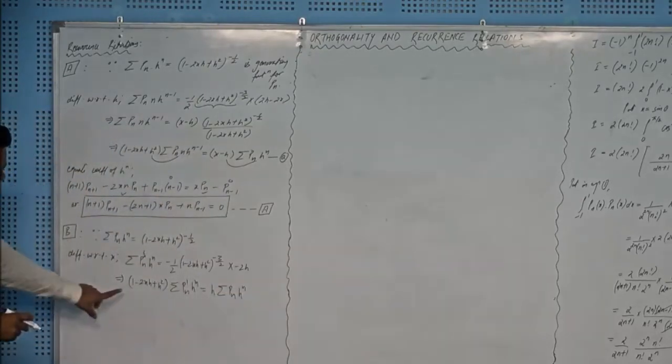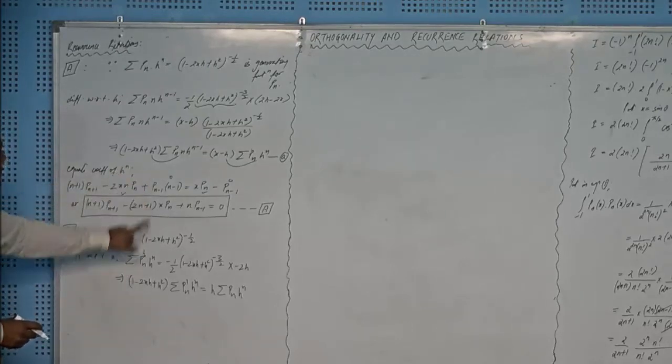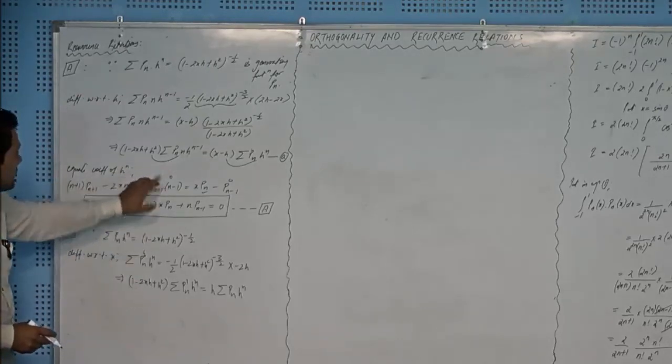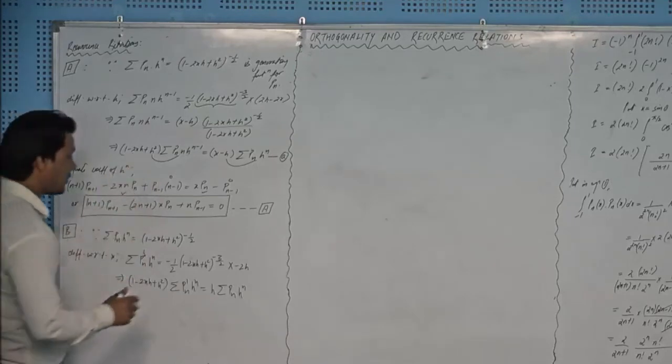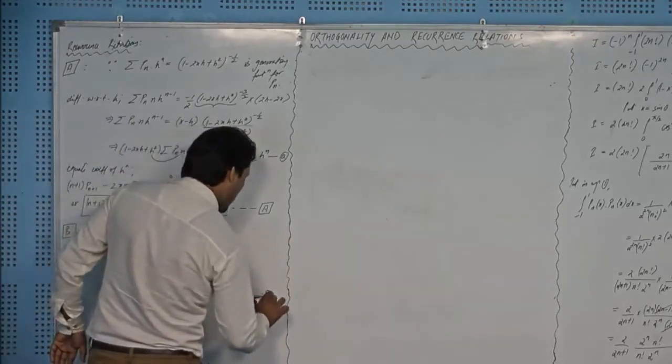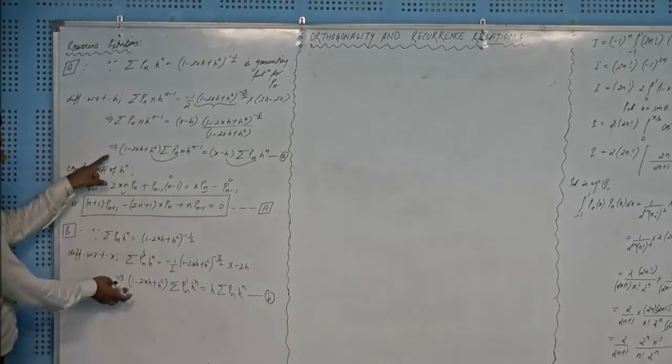So we have reached this point, and if you see equation A, they are almost the same. I will call this equation B, and I will divide these two, A and B, right?